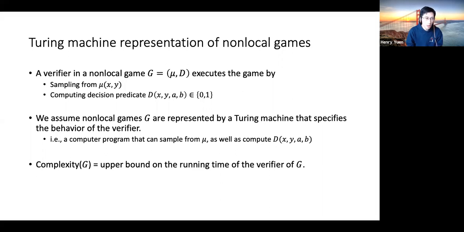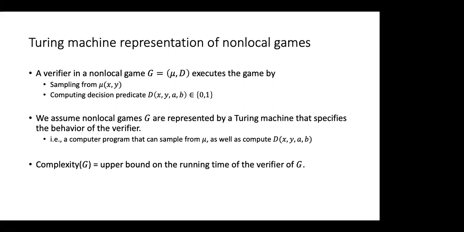So I'm going to associate the complexity of a game with the time complexity of the verifier. Going back to the previous question, what is true is that the complexity of G sub M is only polynomial in the description of M.